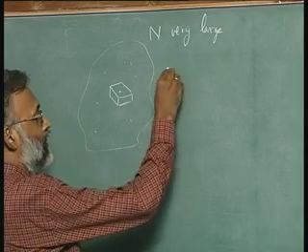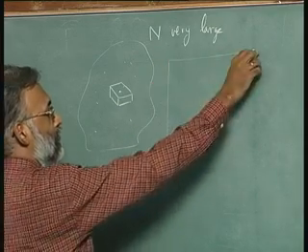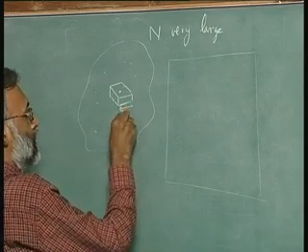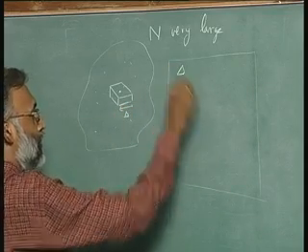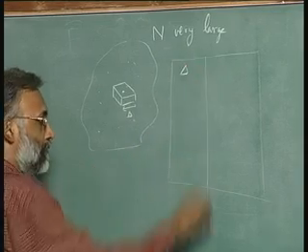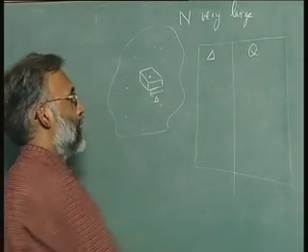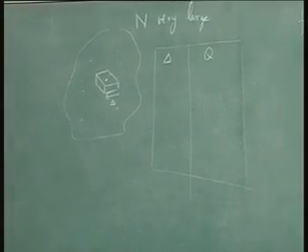So you can plot, or you can make a table. Supposing the size of the box was delta, and you tabulate the charge of the box.